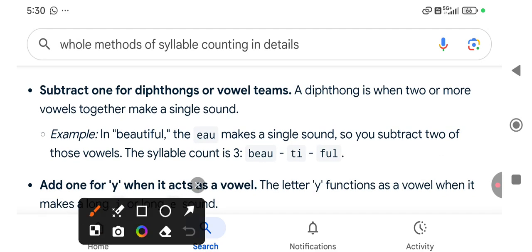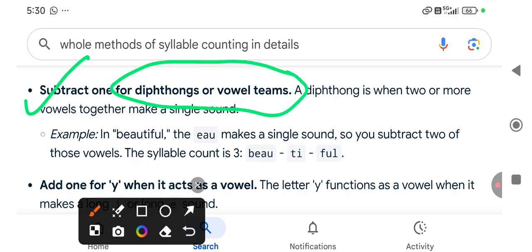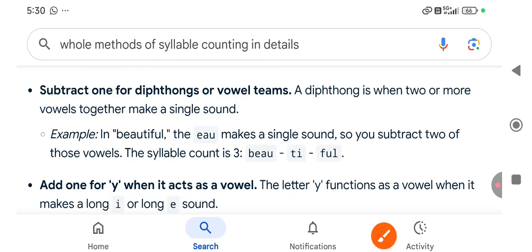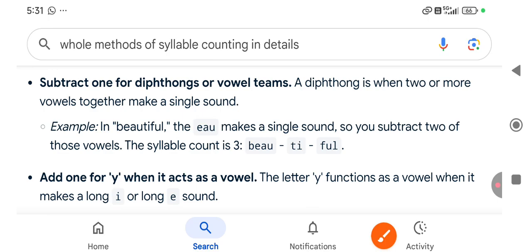Another rule we have to keep in mind: subtract one for a diphthong or vowel team. Diphthong means two monophthongs, and vowel team means at least two vowels. Diphthong refers to phonemes and IPA symbols. When two monophthongs are used together they are called a diphthong, or sometimes in words we use two vowels together.